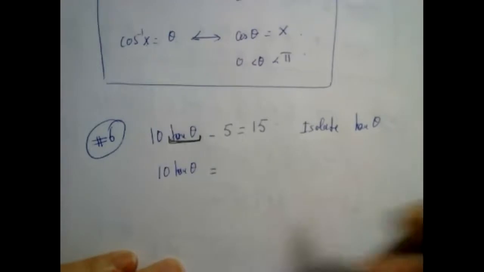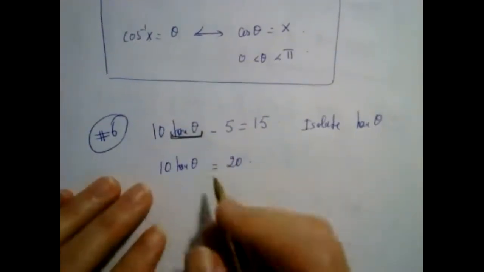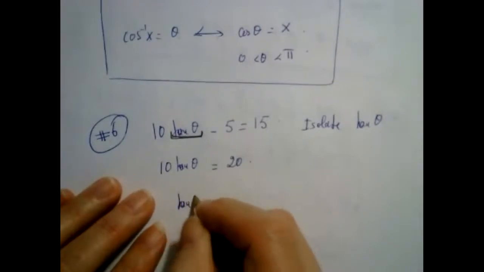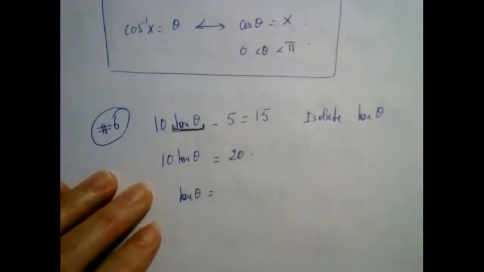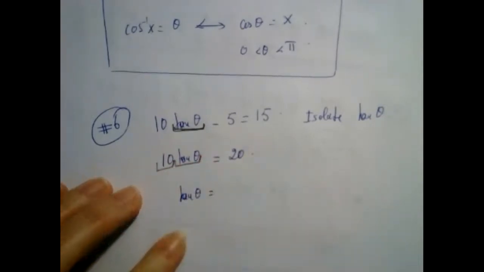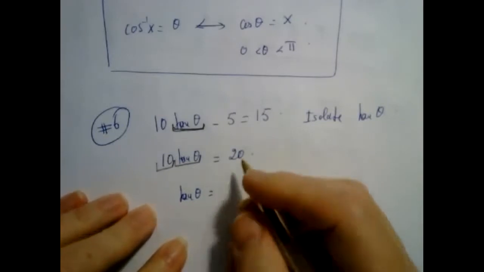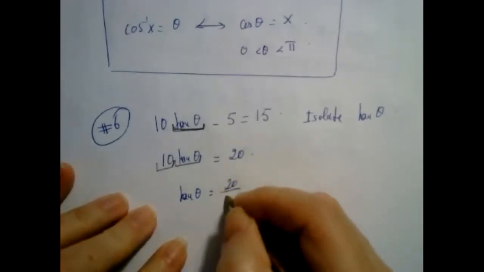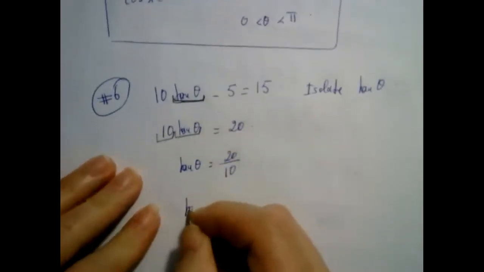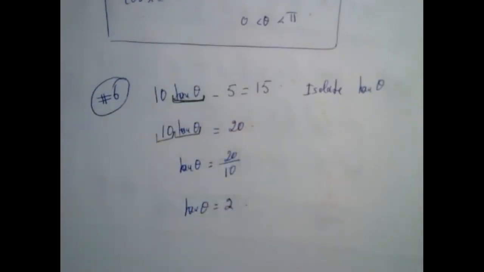Add 5 to both sides of the equation. Okay. I add 5 to both sides. Then what should I do? It's 10 multiplied by tangent. How can I get rid of 10? Divide by 10. So I will have tangent theta equal to 2.